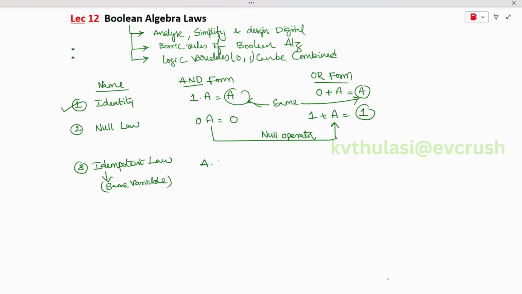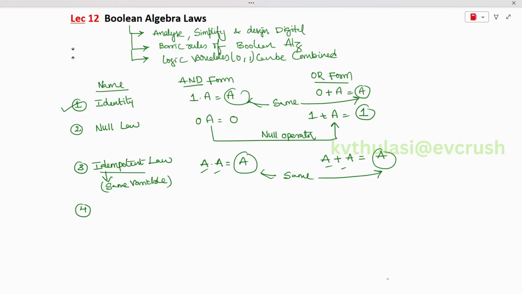Generally, A into A is A square, but as per Boolean laws, it is equal to A. Normally, A plus A is 2A, but in Boolean laws, it is equal to A. The same variable is used, but the answer remains the same. Same operator more than once, and the result doesn't change. These kinds of laws are called idempotent laws.